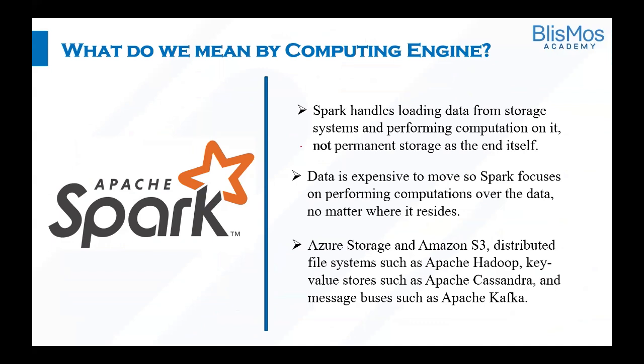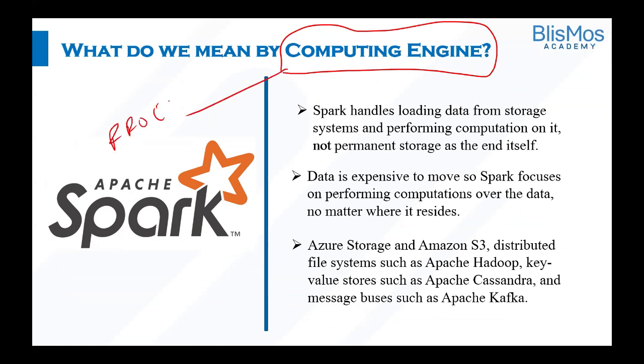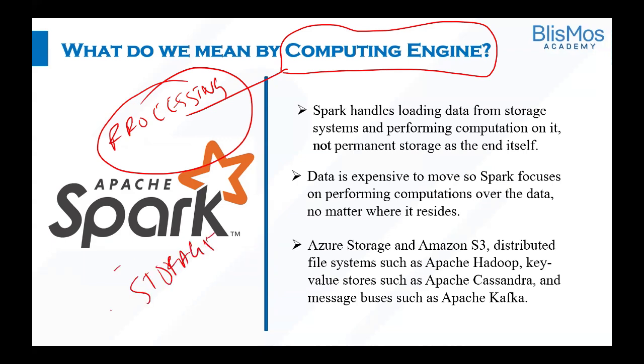The reason why we are saying computing engine is that it only worries about the processing. Spark is only for the processing of the data. It will not worry about the storage. Spark will not store the data. It performs the computations and the processing on it, but it will never store the data.